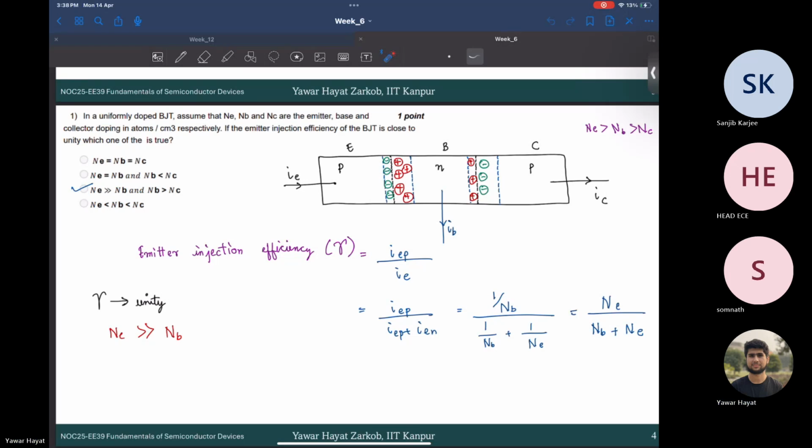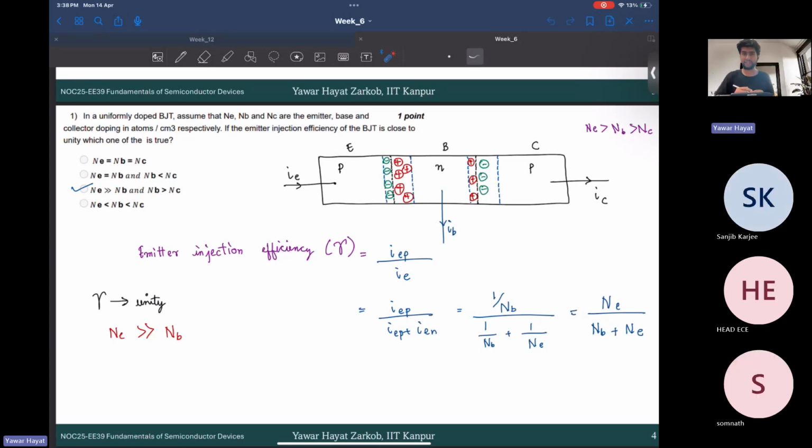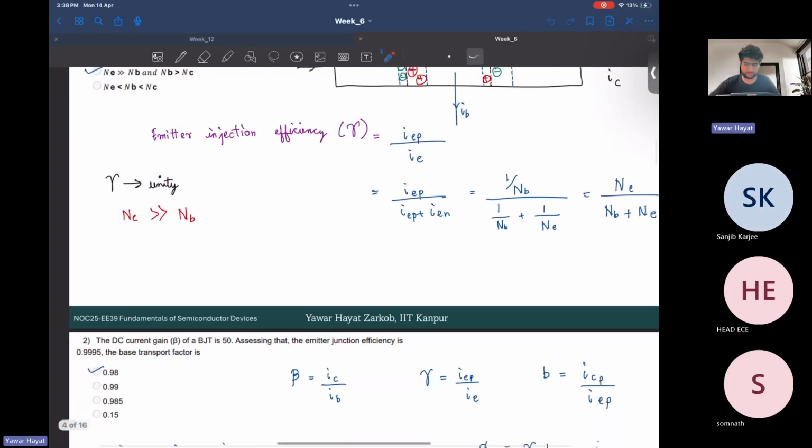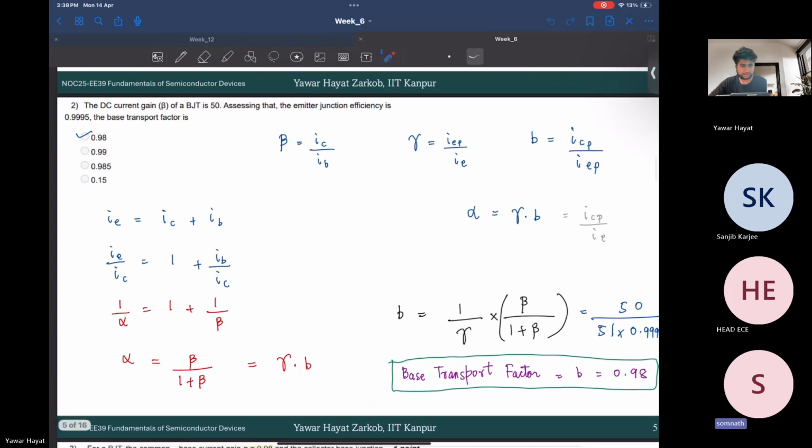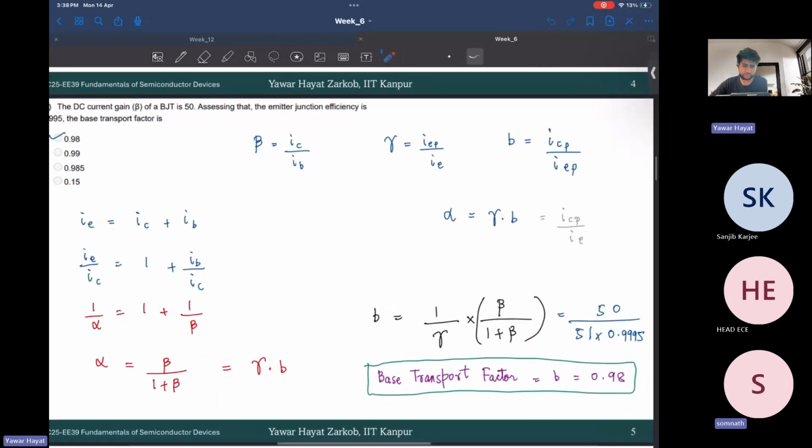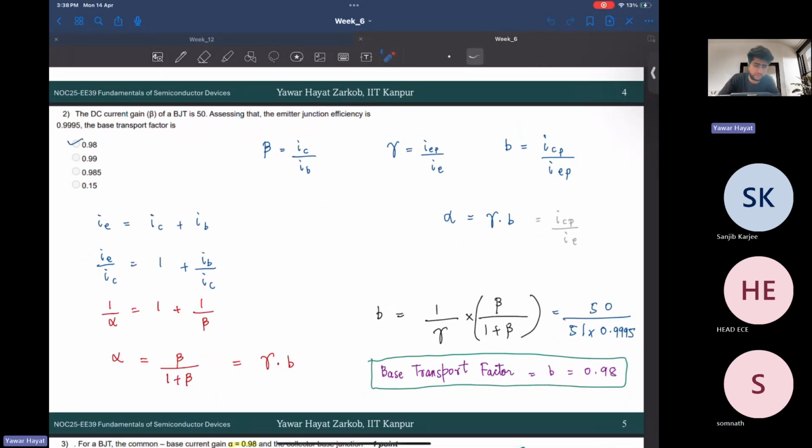Let's start. So we finished this question, right? Yes, sir. Now question number 2. What was asked in question number 2 was to find this base transport factor.